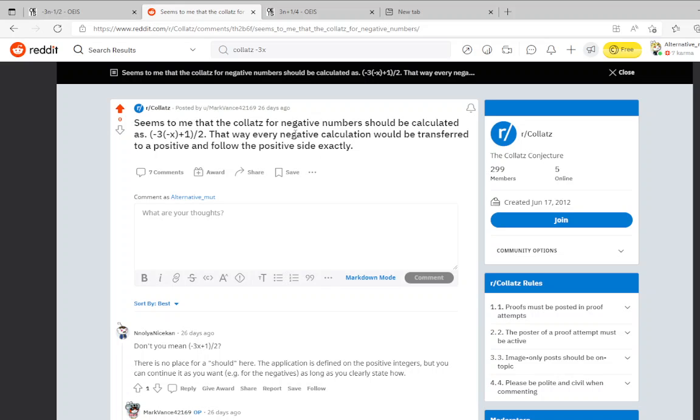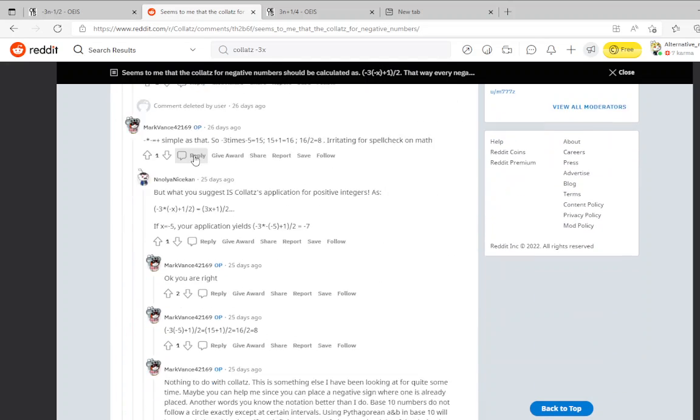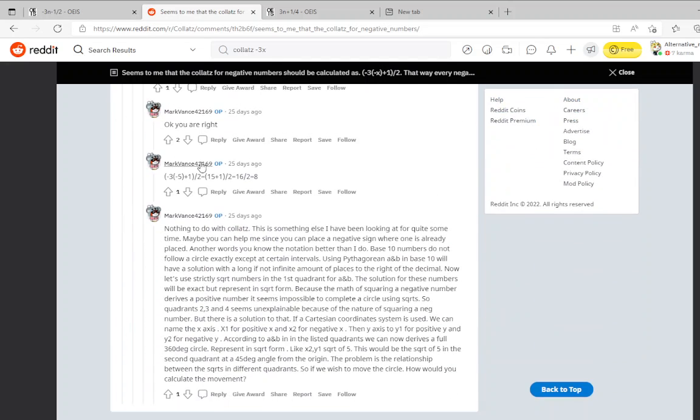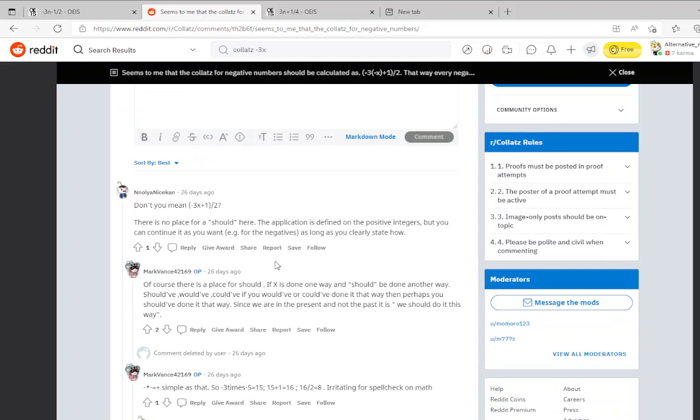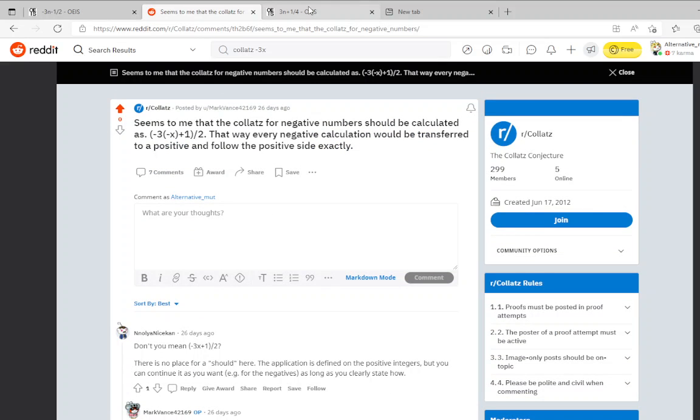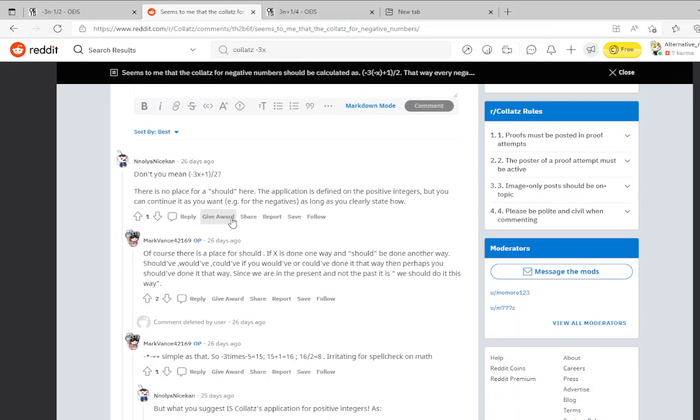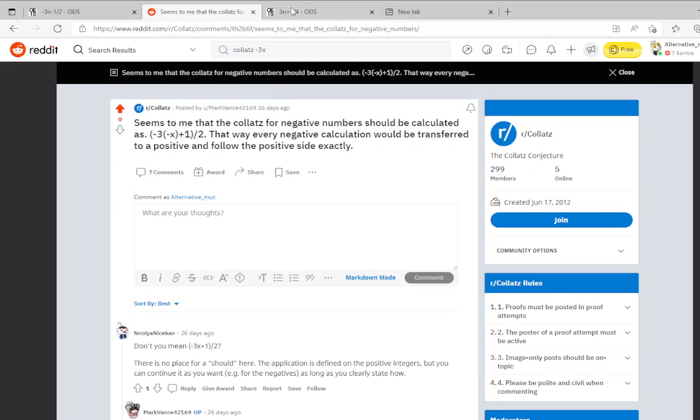And I even went to Reddit and I found somebody that was thinking about this like 26 days ago, but they weren't on minus 1, they just were on plus 1. So, I don't think they're aware of how close they were to finding this.